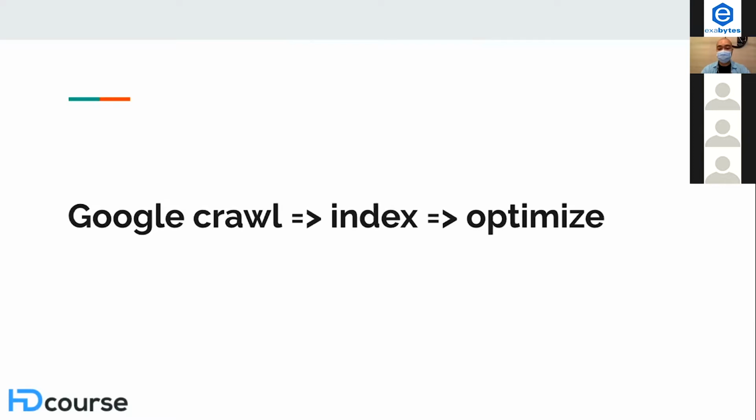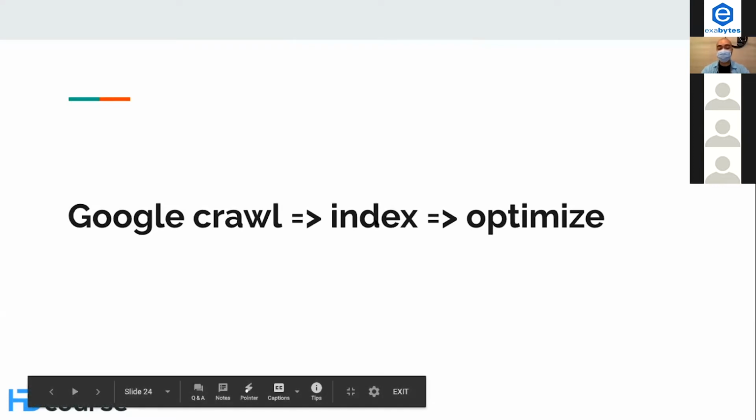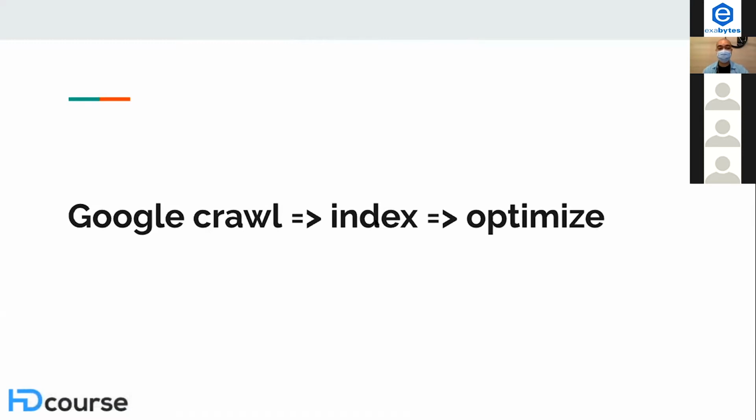If they find it, they will try to index it. But it doesn't mean that if you have 100 pages, they will index 100 pages, because maybe 10% of your content they will treat as thin content. So they will put maybe 80 or 90% of your content in that database, and then try to compete with others when someone searches keywords.